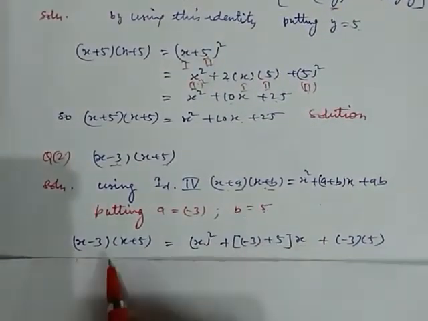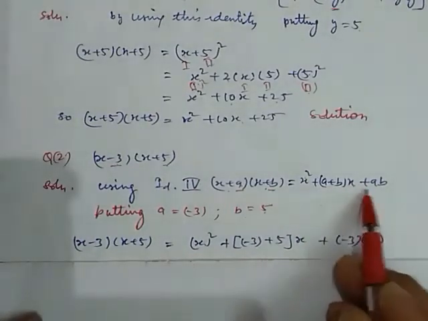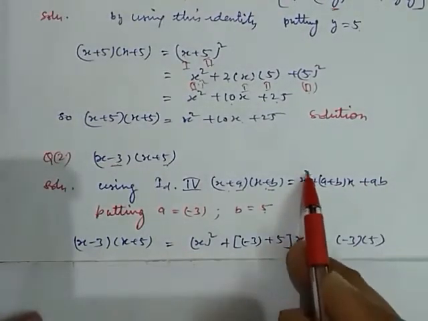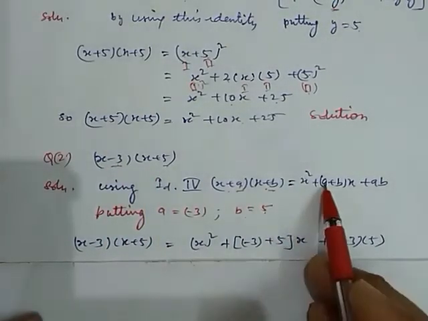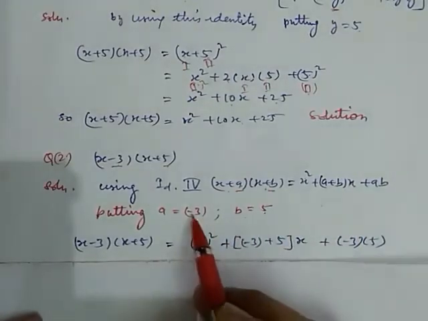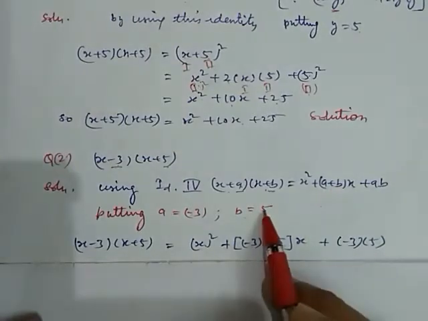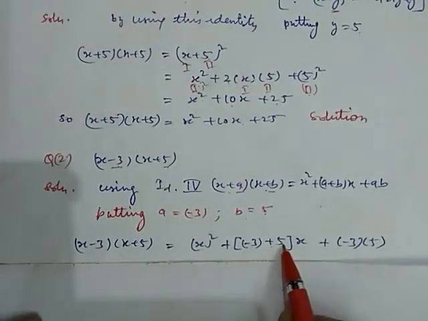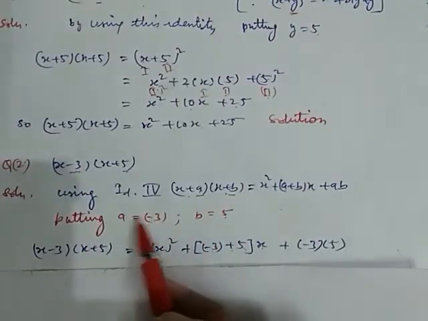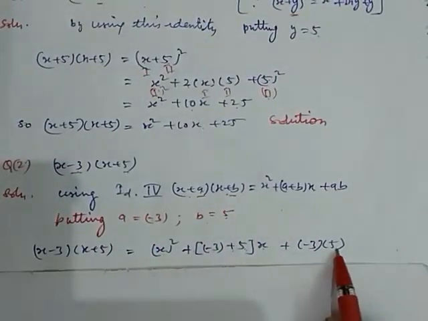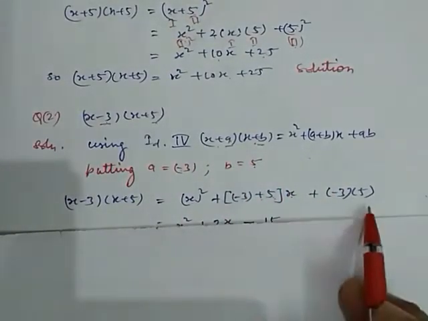So we can directly write this with the help of the identity. Here x square, plus (a plus b), so a equals minus 3, put minus 3 here, plus b, b is 5. So (minus 3 plus 5) into x. Now a into b, minus 3 into 5. So with the help of this identity we can write it this way.